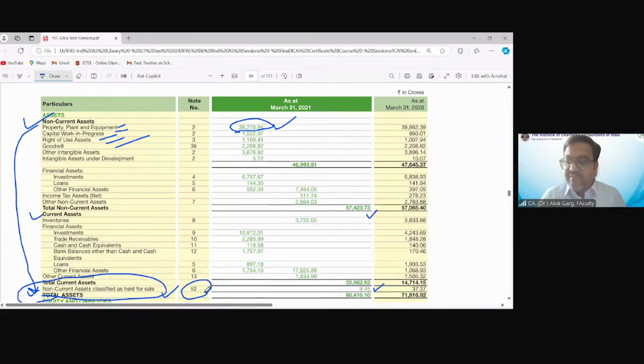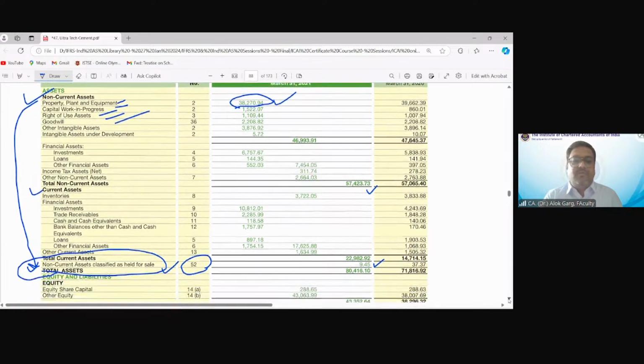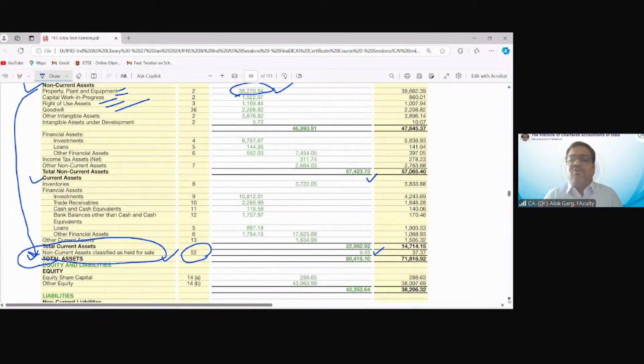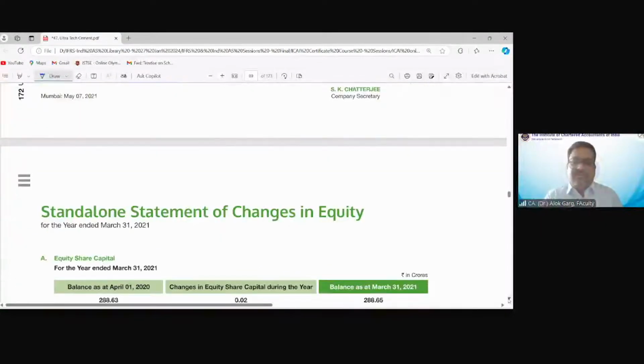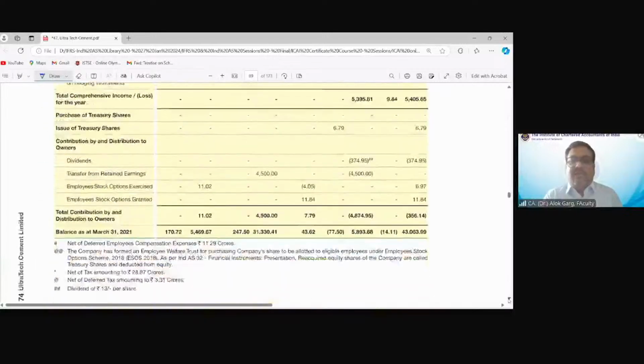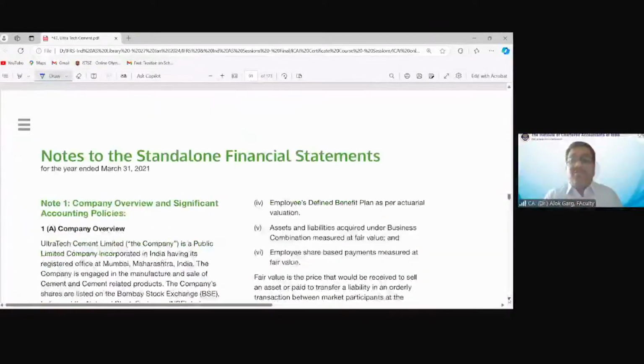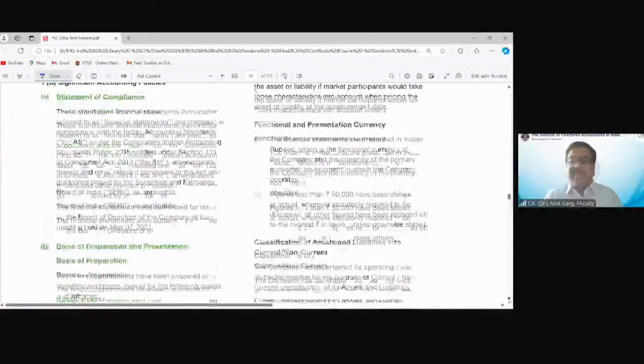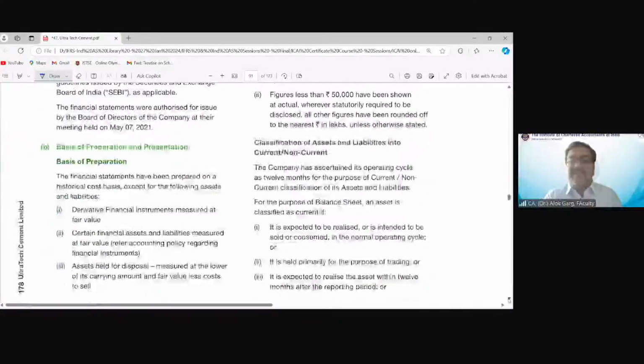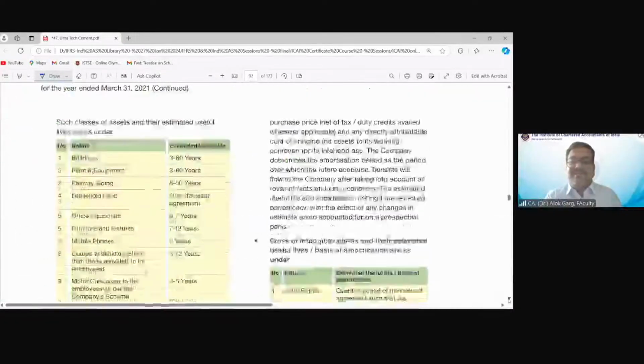Okay. So let me show you the accounting policy also. And after looking at the accounting policy, you need to tell me कि सुना सुना लग रहा है या सुना सुना लग रहा है. Is it something which is heard or is it something which is blank? You need to tell me.